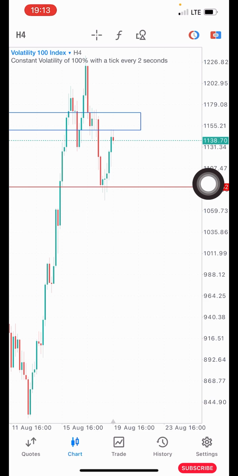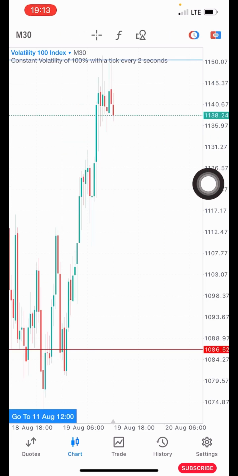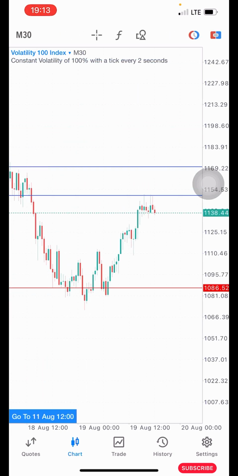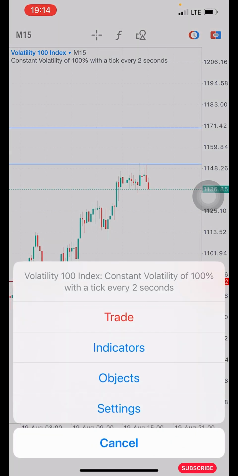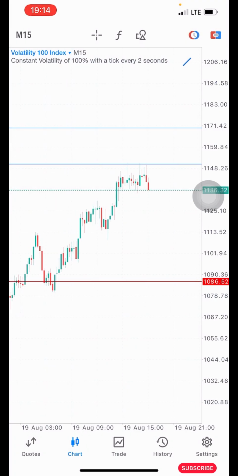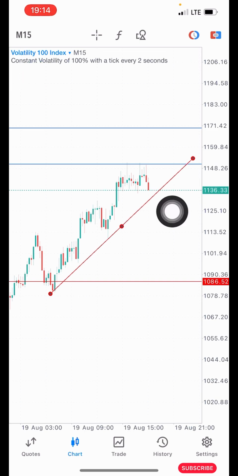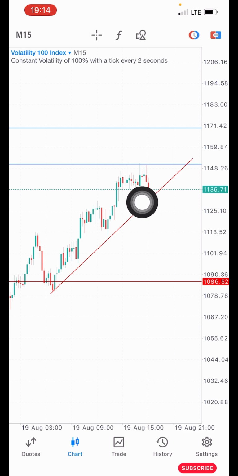Now you step down to the 15-minute time frame, and here you put in some trend lines. You can see there is a support that price is working with right now.